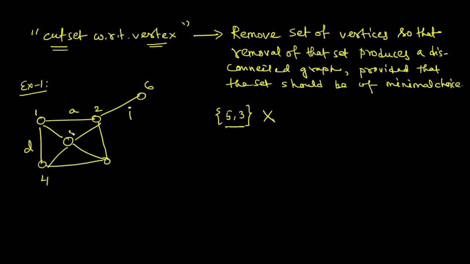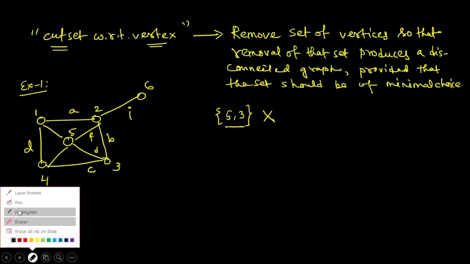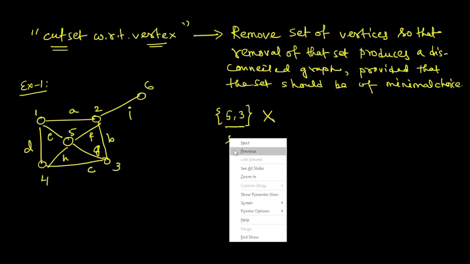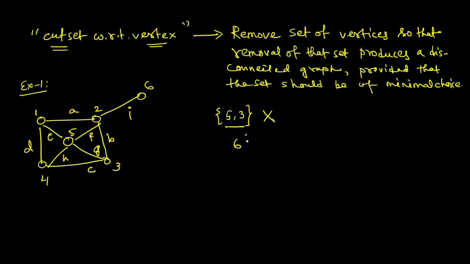So this is 5, this is 3, this is C, this is B, this is F, this is G, this is H, and this is E. Now suppose I am removing 6.